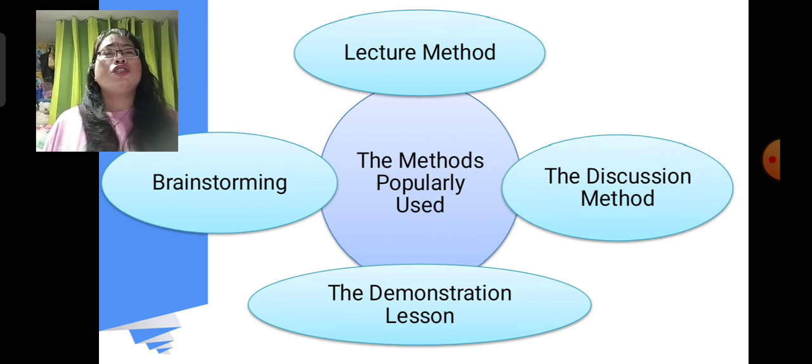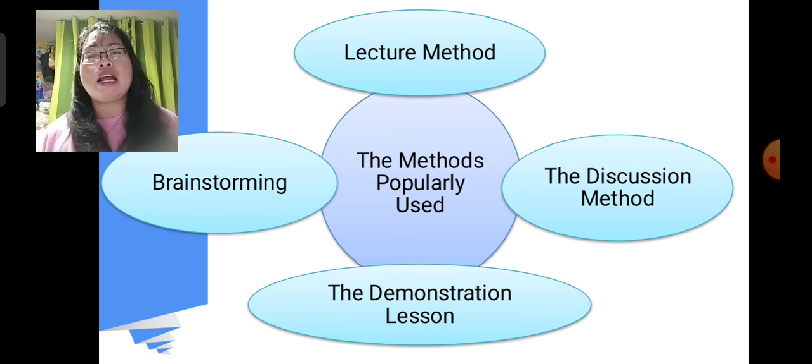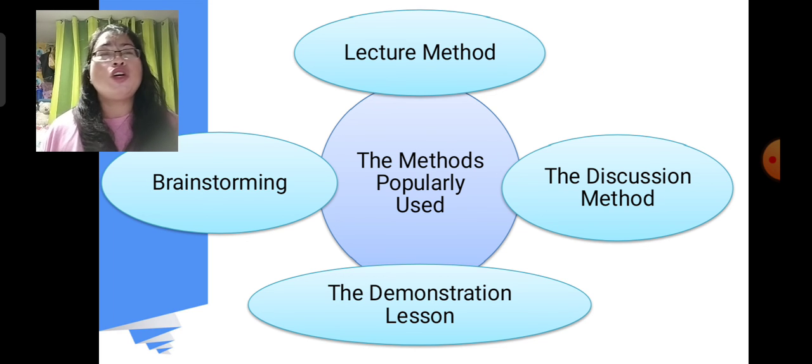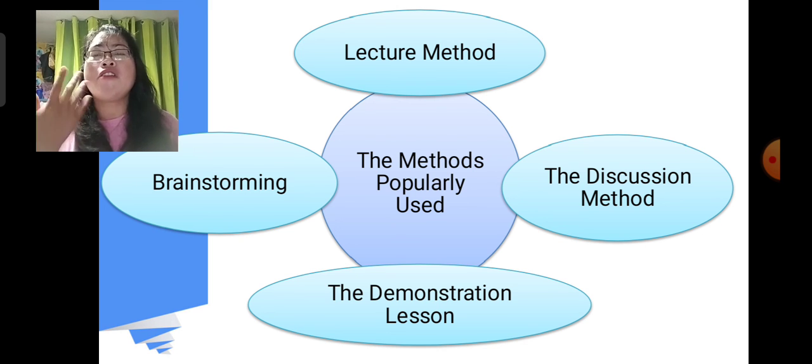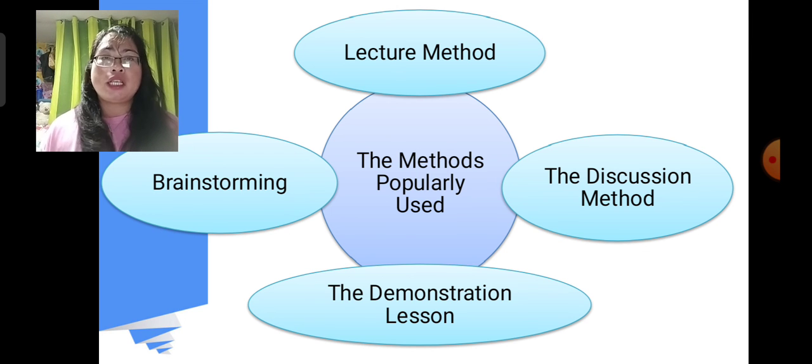There are methods that are popularly used. The first one is the lecture method, which is an oral presentation of information by the instructor. The second one is the discussion method, which involves two-way communication between the participants.